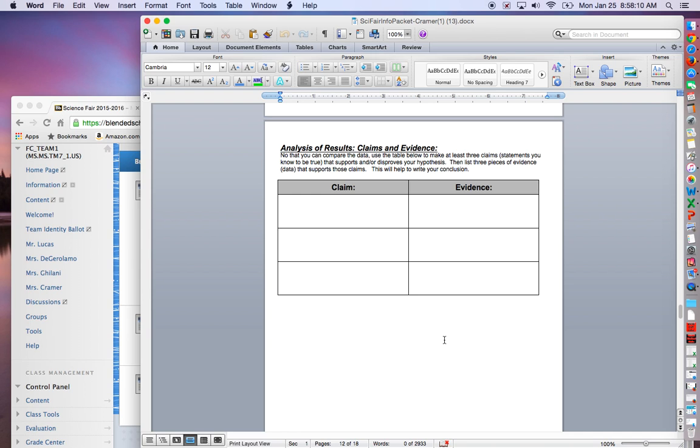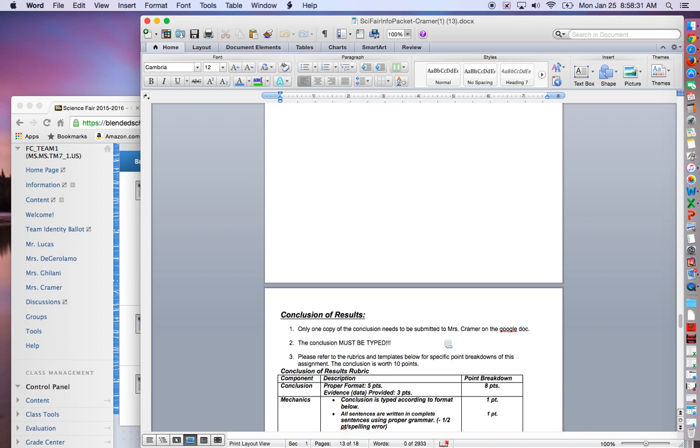My evidence would be mold grew after 1 day in a moist environment. So your claim will be something about your experiment, and the evidence will talk about why you think that. I can give you some more examples in class and help you with ones related directly to your experiment too.